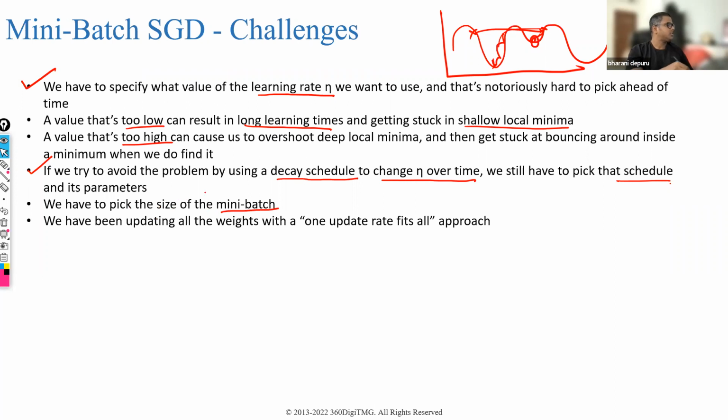Now here, the challenge with all these SGDs is that we are using one update rate that fits all. Meaning, when you update the weights, in each and every place, we are using the same formula to update. What is that formula? New weight equals old weight plus eta value into error into input.